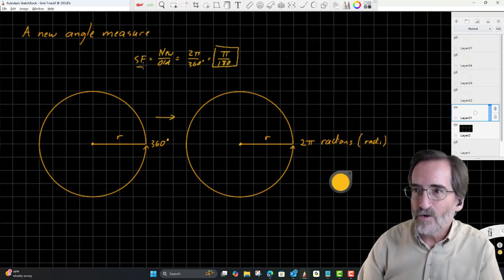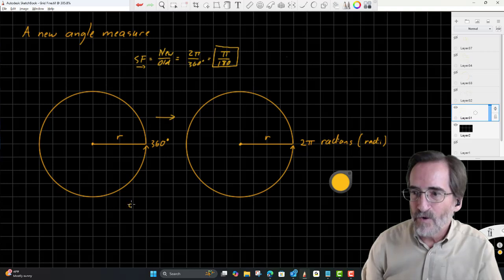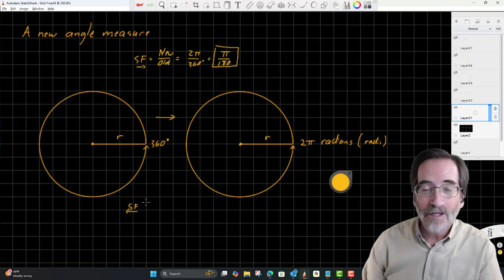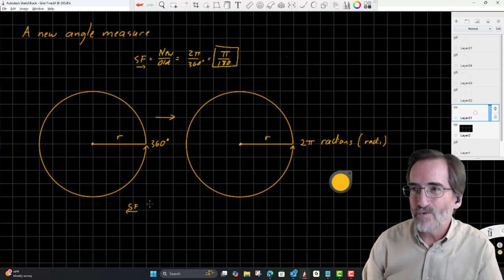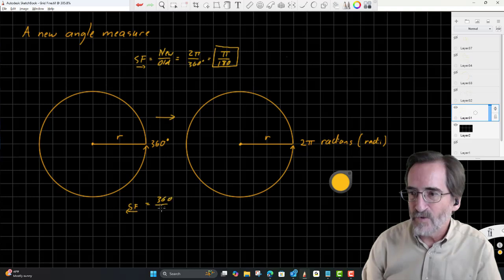Likewise, if we wanted to go the other direction, from radians to degrees, though in this lesson you won't need to, I do want to present it anyway. Going from radians to degrees, new divided by old is 360 divided by 2 pi. Reduce: 180 divided by pi.